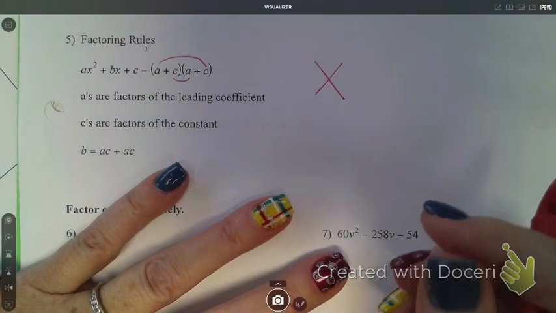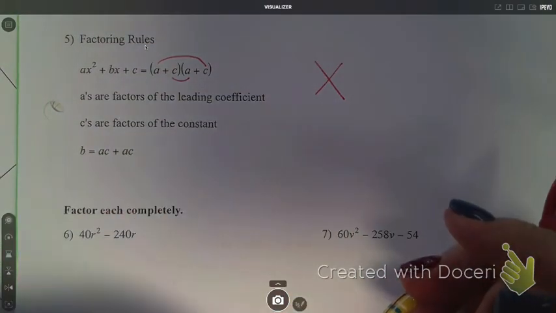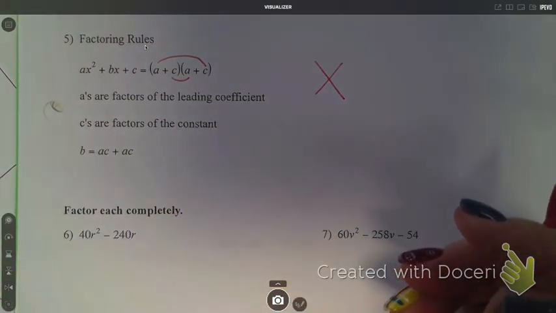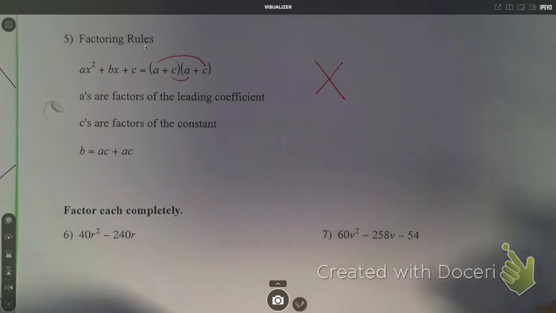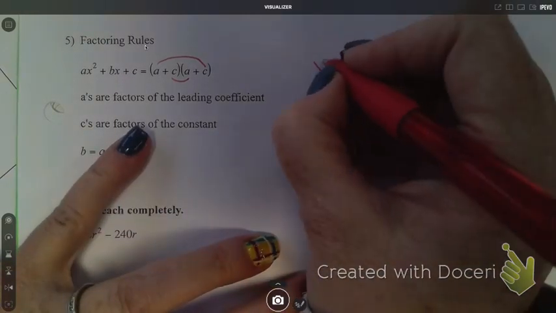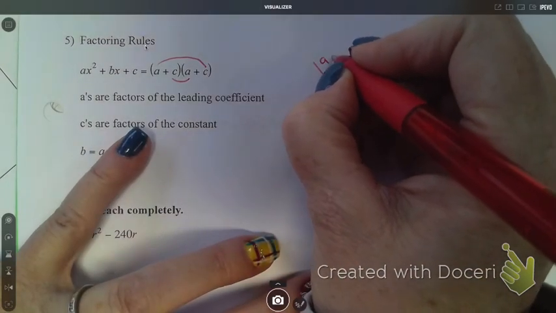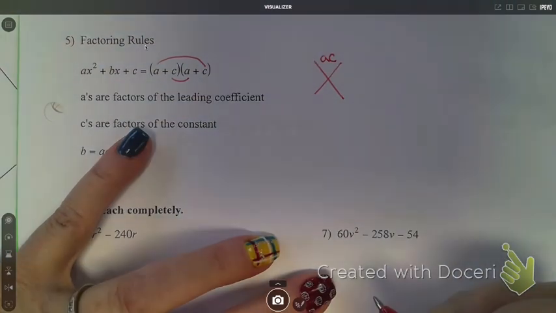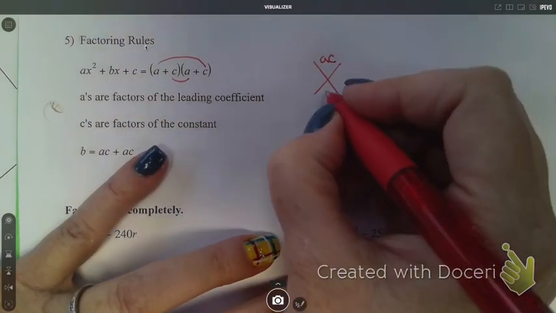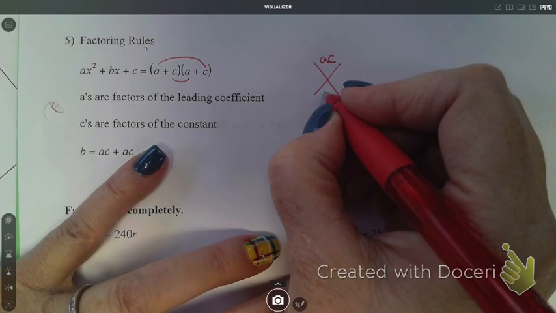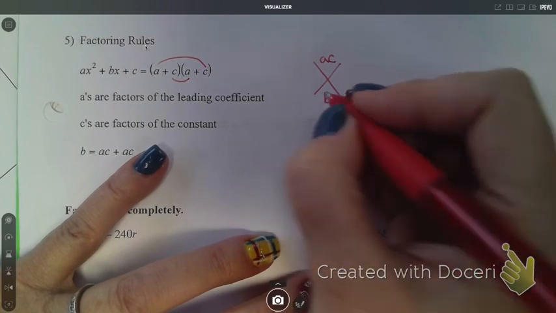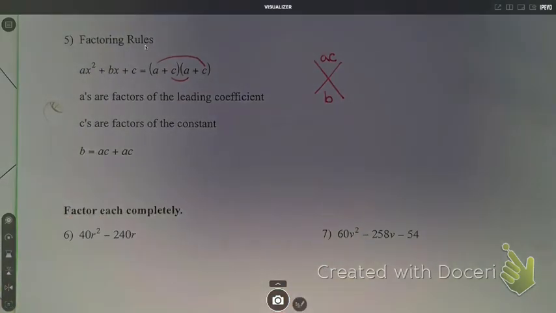I still don't draw the x, but I'm going to use it. And then I'm going to factor by grouping. Up here, it's a times c, correct? And on the bottom, what goes down here? B. So we were doing that yesterday, but we didn't have to do the whole factoring by grouping and everything because we were thinking about what happens with our multiplication.